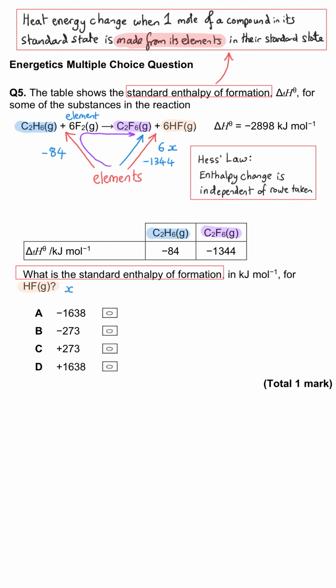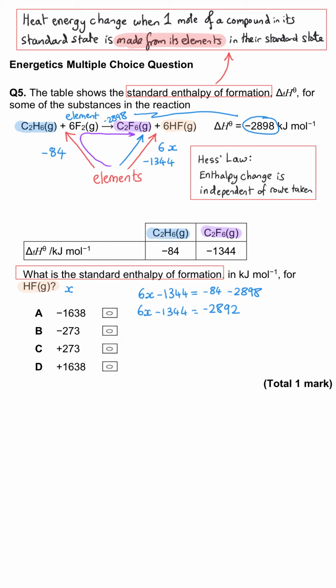So those two routes are equivalent. And so then we need to structure this by showing that they're equivalent, and we've got 6X minus 1344, and that's this arrow here, and that is equivalent to the minus 84 minus 2898.